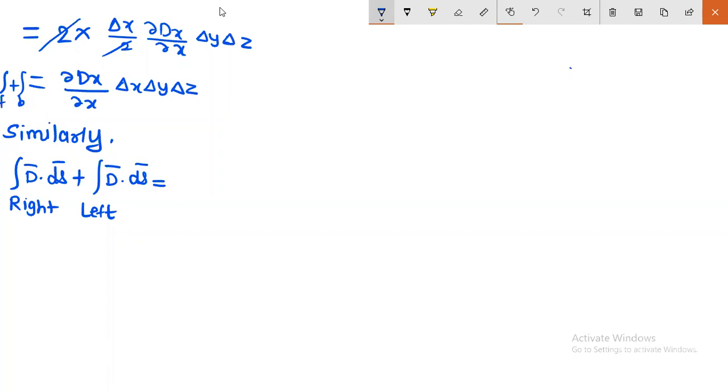Now I erased that. But if you check the diagram, just tell me when we are considering the right side and left side of the rectangle. When we consider these two sides, which is the perpendicular vector? A bar y. A bar y, correct.